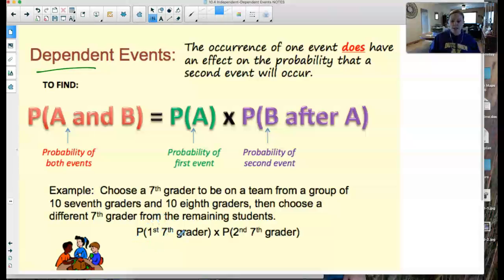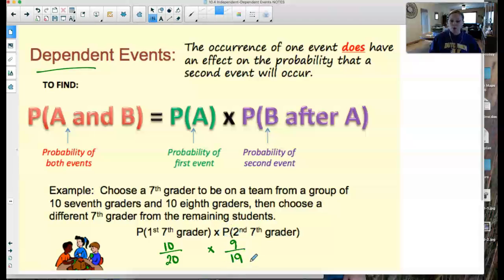So the probability that the first time I would pick a 7th grader is 10 out of 20 kids. The second time I go to choose out of the bag, there's only 9 7th graders left to choose from out of 19 students.